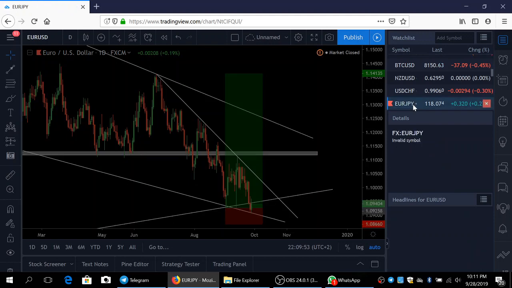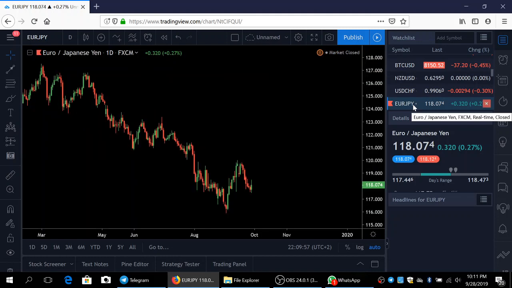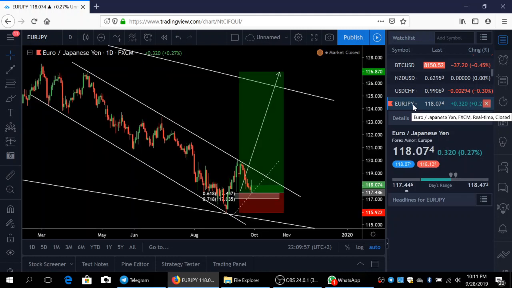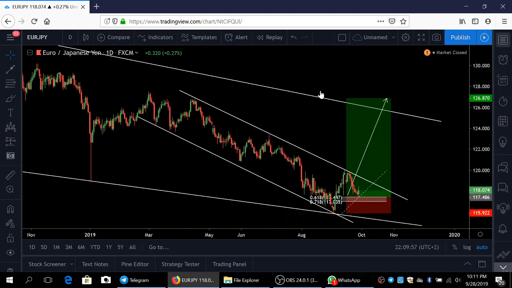Okay, so this is EUR Japanese yen. We also have a descending channel for this one, as you can see right here. We actually have a structure within a structure. So this is the bigger descending channel, then you have a smaller descending channel here.